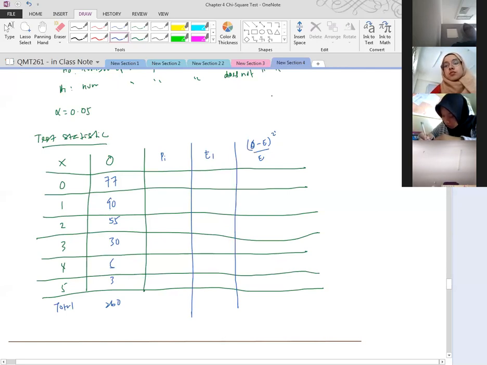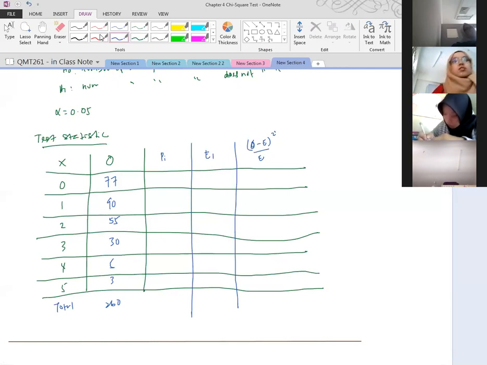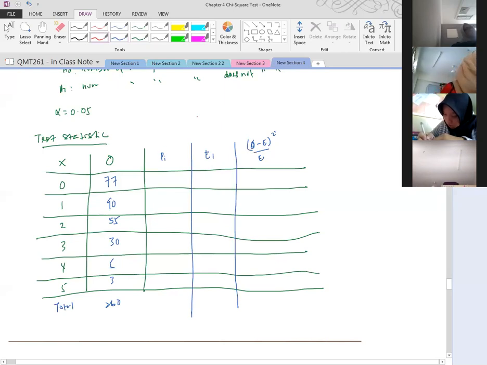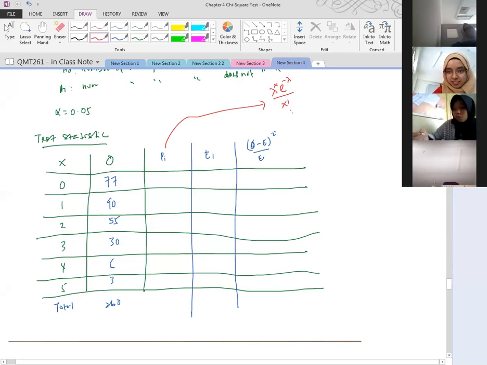The value of probability here is found by using a Poisson distribution: e to the power of negative lambda, lambda to the power of x, divided by x factorial. For the first row, when x equals 0, lambda is 1.25 to the power of 0, times exponential negative 1.25, divided by 0 factorial.